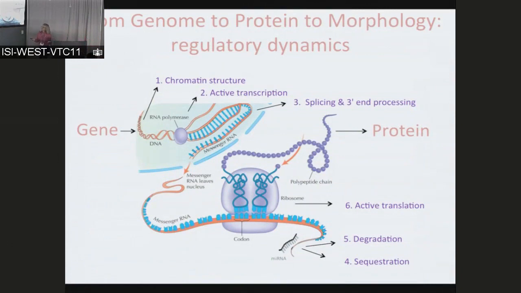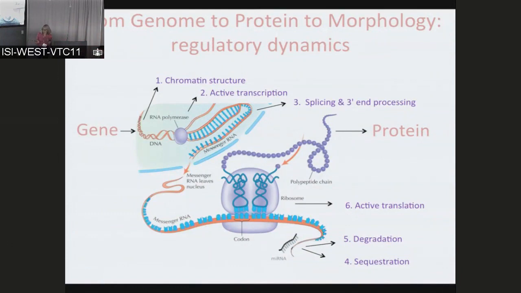Lots of steps in between transcription of the genome and the cellular behavior that's mediated by the proteins that are encoded. Dealing with the enhancers, the transcriptional apparatus, maturation of the transcripts, and then all the various different choices that happen about whether those transcripts are sequestered, degraded, or actively translated.